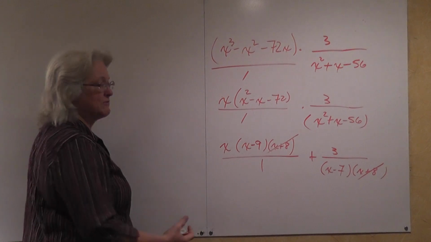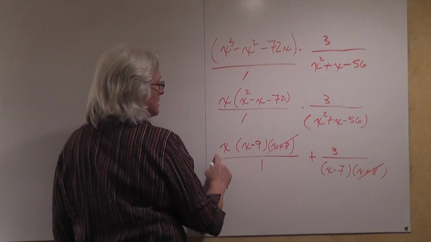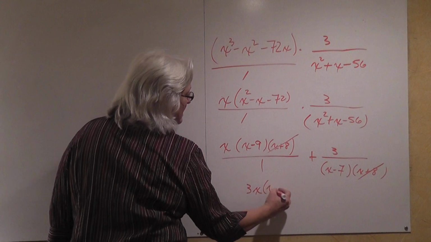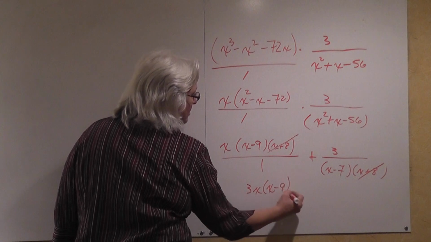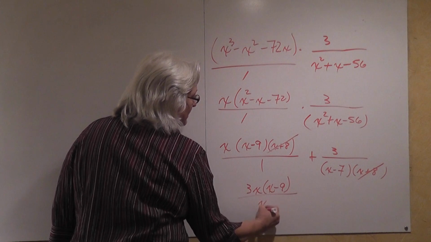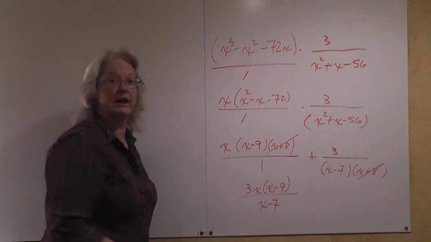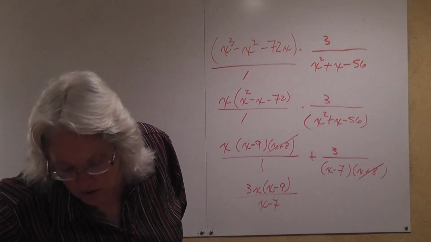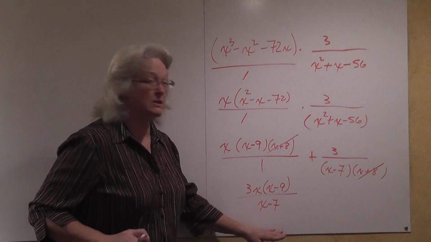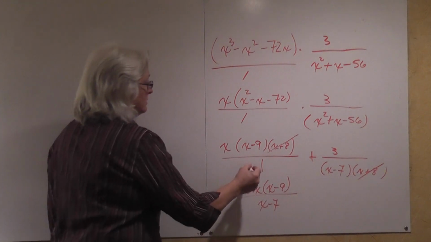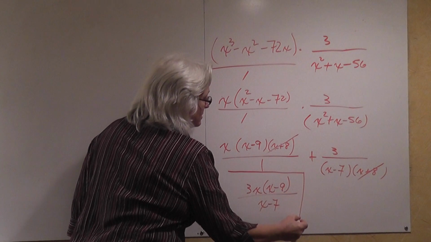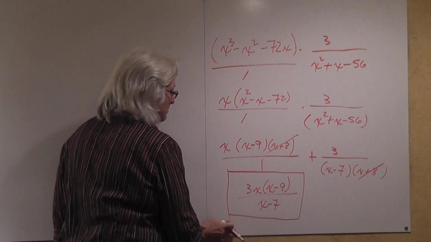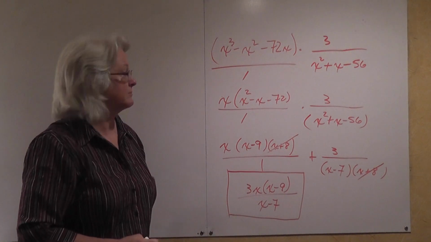If we want to leave this in factored form, we have 3 times x minus 9, all of this, divided by x minus 7. Let's go ahead and check our problem. And you see that this is exactly the simplified form after we have multiplied two rational expressions together.